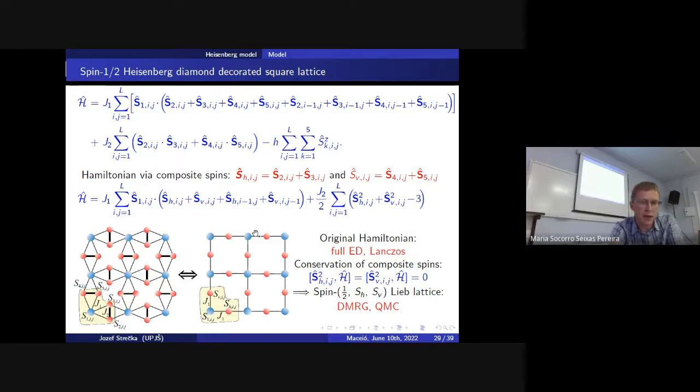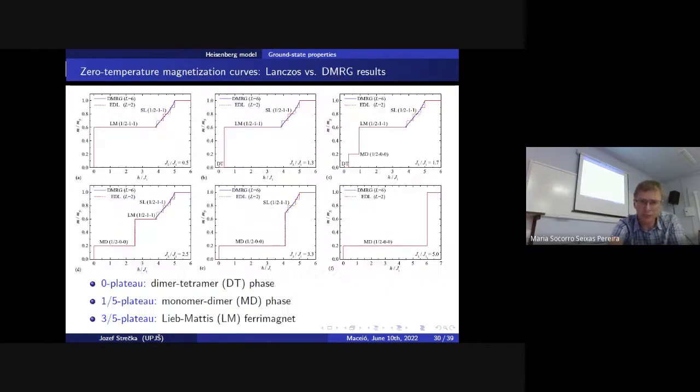That's why, in a proper basis, by changing the standard basis of S^z components of the spins to the dimer basis, because this is nothing else than the eigenstates of 2 spins, we get rid of the sign problem in quantum Monte Carlo simulation. So we can perform finite temperature quantum Monte Carlo simulation in the dimer basis, without sign problem in the whole parameter space, and that's really great.